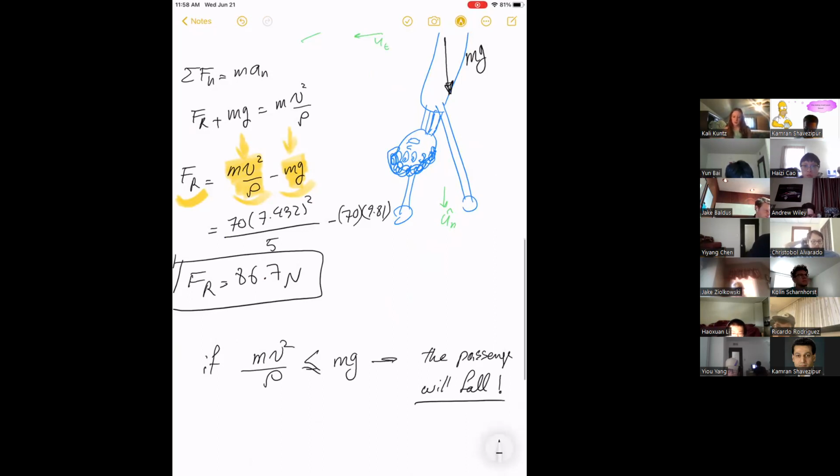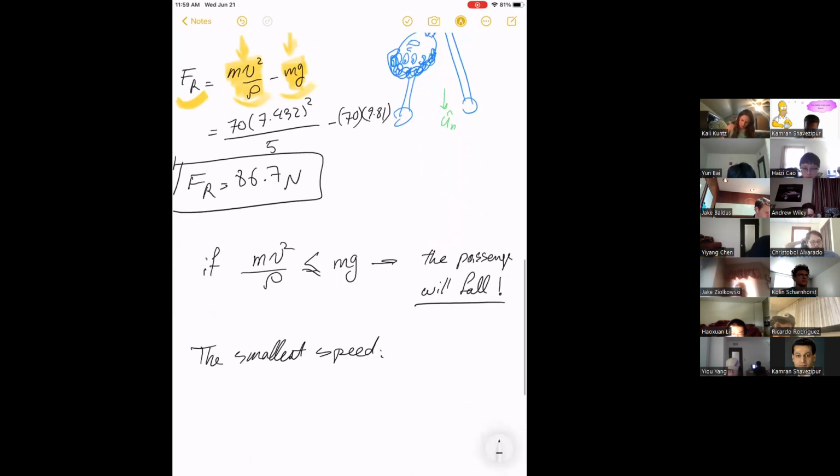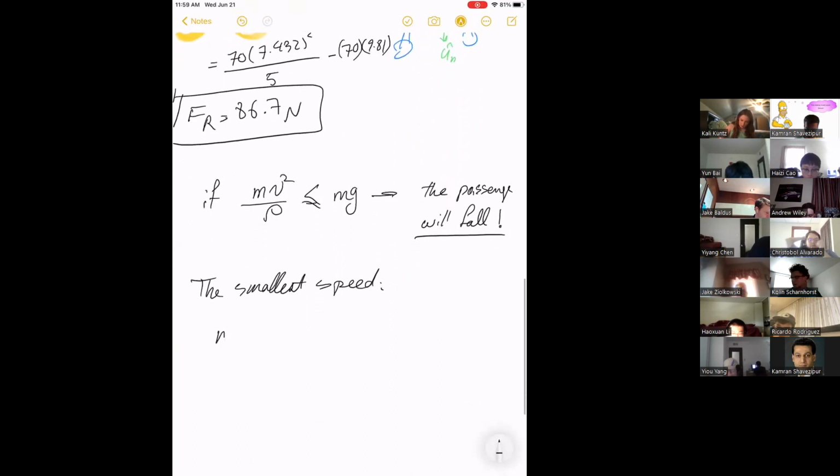Which means the smallest speed is when m v square over rho is equal to mg, which means v is equal to the square root of rho g.